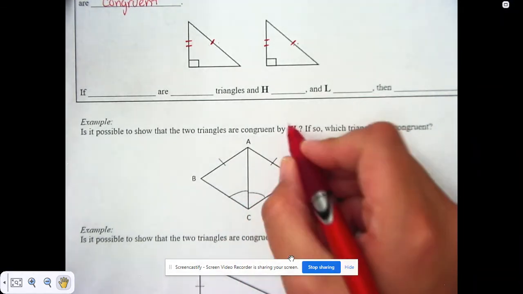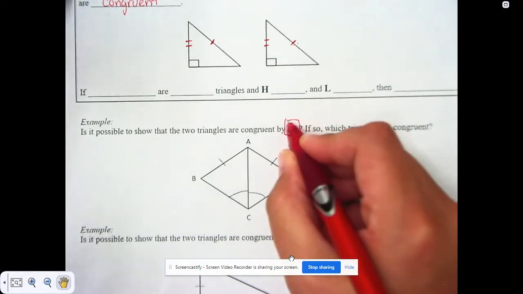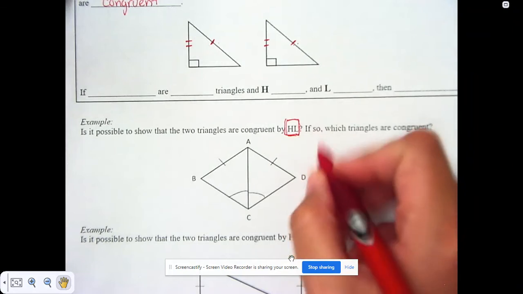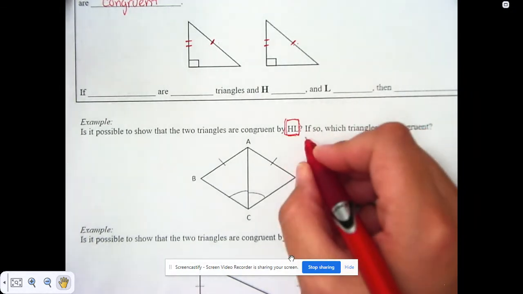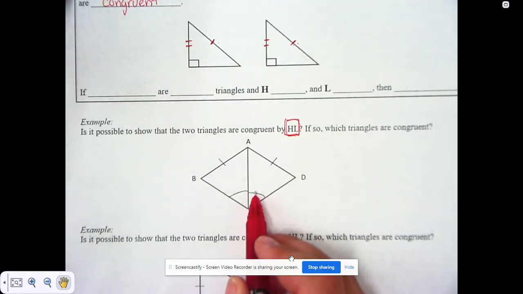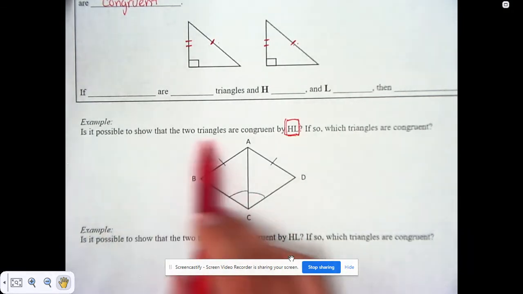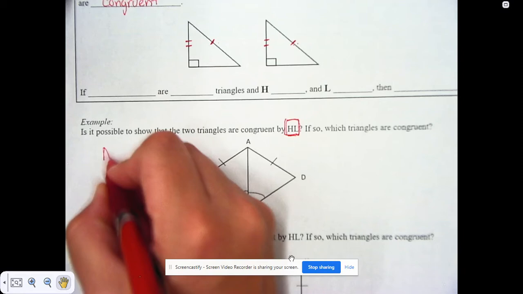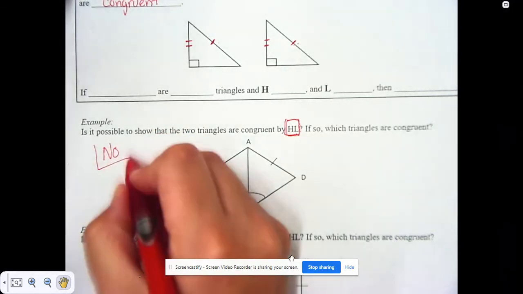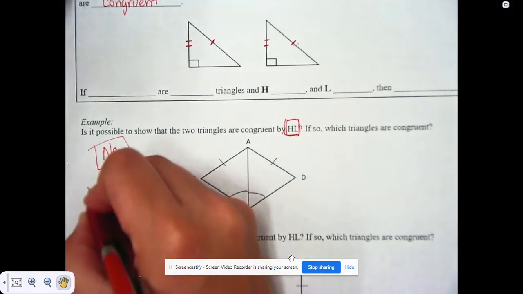They want to know if we can prove it by hypotenuse leg. What kind of triangle do you have to have in order to have hypotenuse leg? It has to be a right triangle. Are these right triangles? No. So is it possible? No, not by hypotenuse leg. They must be right triangles.